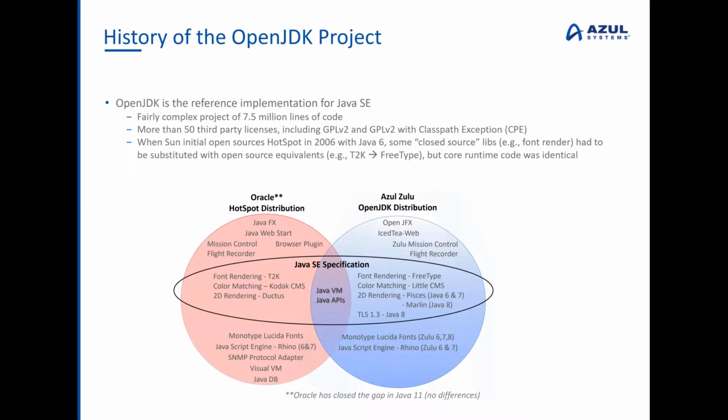And you saw changes also with color matching, where the Kodak CMS was replaced by Little CMS. And the rendering engine on the left is Ductus, where it was Pisces for Java 6 and 7, and Marlin, work that Azul and the community did to backport that 2D engine from Java 11.